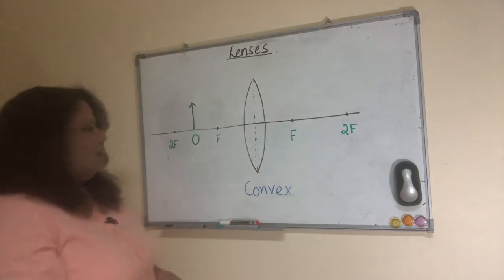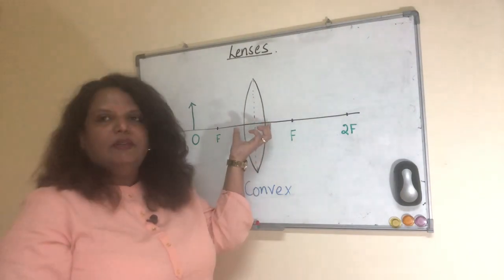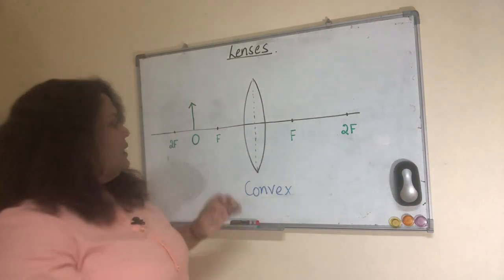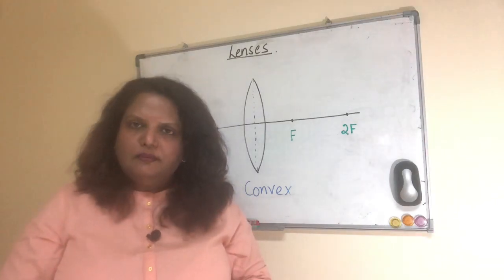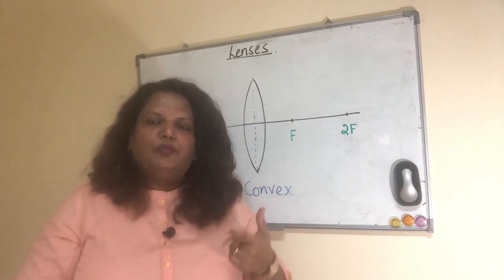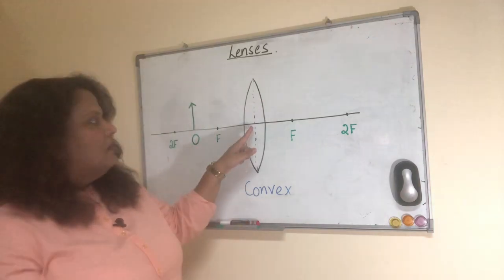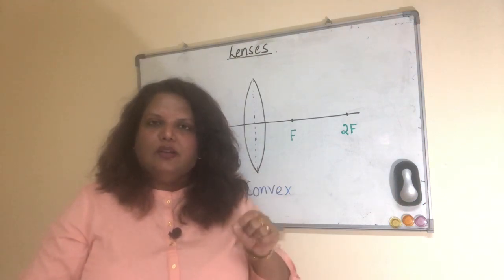All right. Now here I have drawn a convex lens. A convex lens is one which is broader in the middle and tapered at the ends, and concave is just the reverse. Now what's the procedure for constructing a ray diagram? There are two properties basically of a convex lens. The optic center, that is the center of the lens, has a special property.